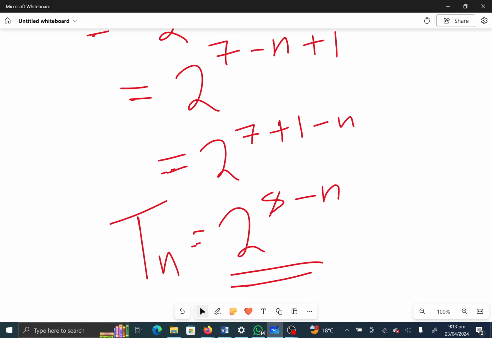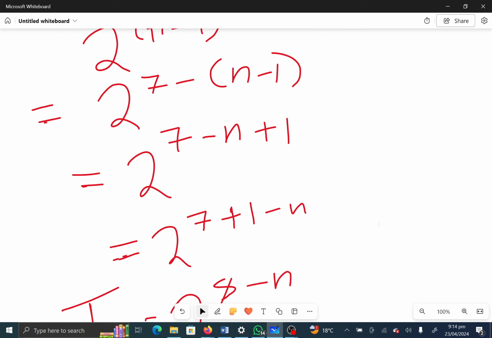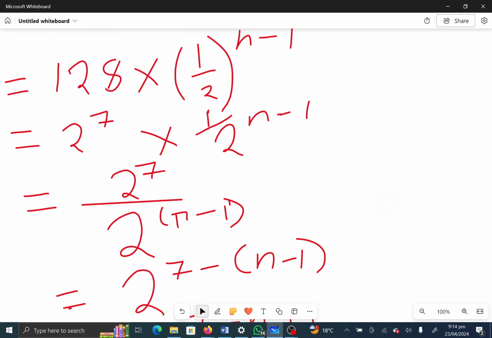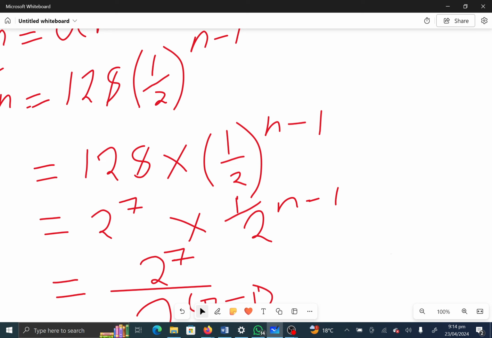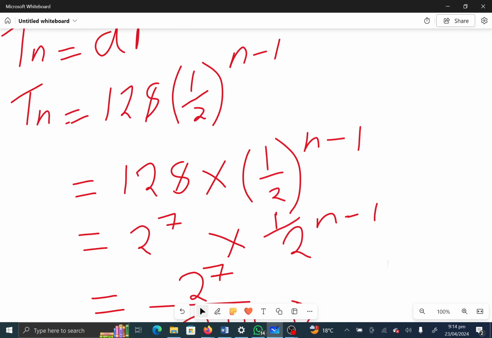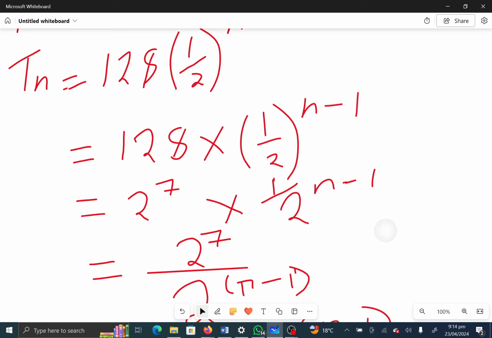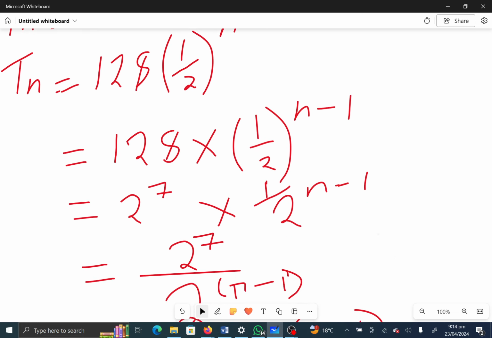So the catchy part when we are dealing with questions which involve indices is here. For us to be able to solve these questions, we need to have a common base. Let me put a pointer. Here we have a base of 2, and here there is a base of 2.